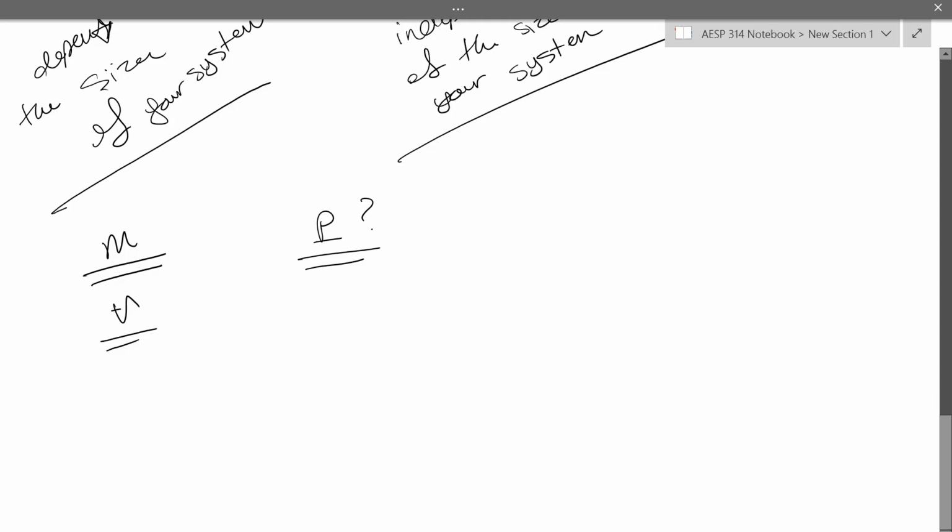Does pressure depend on the size of the system? Sometimes, no, yes. You have to elaborate. I can't see whose lips are moving, so I don't know who is answering this. I just know the general area. So you have to either elaborate on your answers or raise your hand, as Karim did. Yeah, so who wanted to go first?